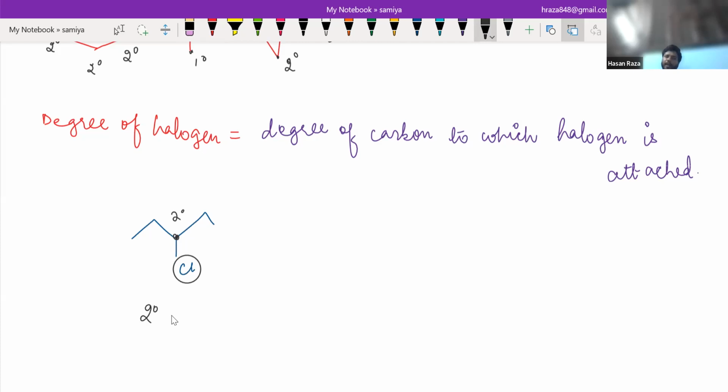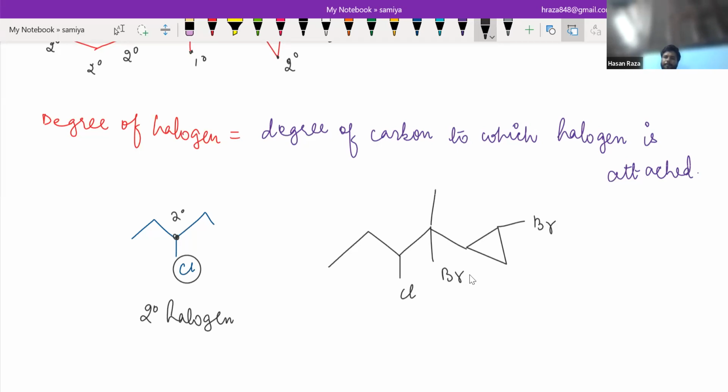So we can write 2 degree halogen also. So both of you are going to calculate the degree of each and every halogen. Calculate the degree of halogen. And you know, 1 degree, 2 degree, 3 degree.